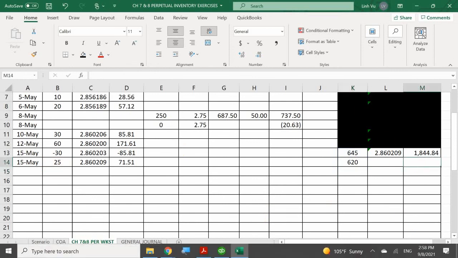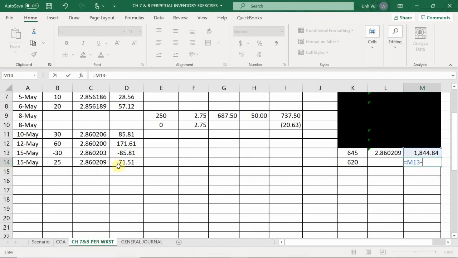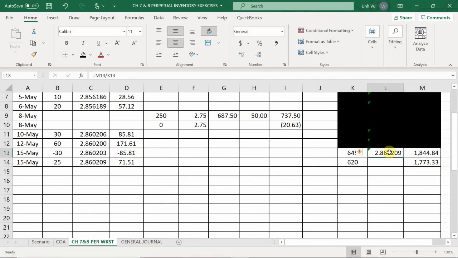Then 1844.84 minus 71.51 gives you 1773.33. Good. Giving you an average cost per item to be more or less around the same number.